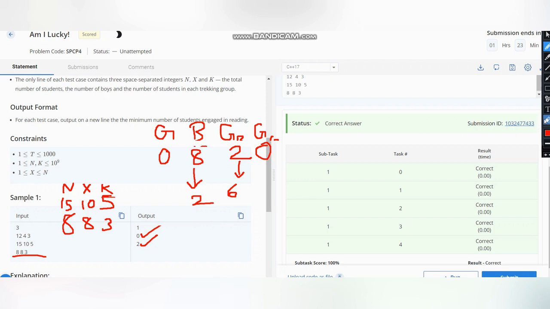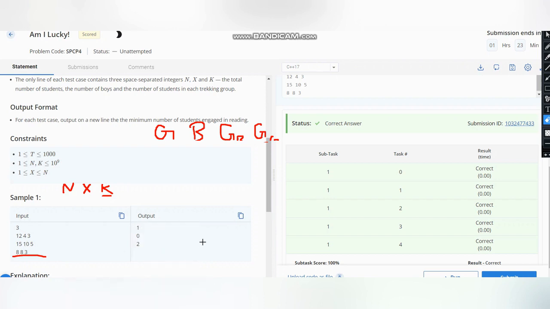So now let's see how to do this. We will take the most complicated example, which was the first one, so that we can understand it better. The question is very easy though. So 12, 4 and 3, these three are taken.